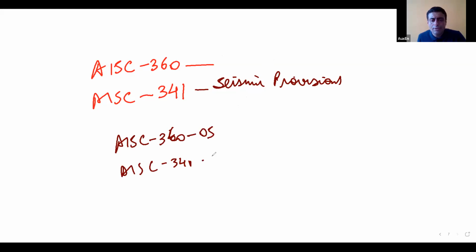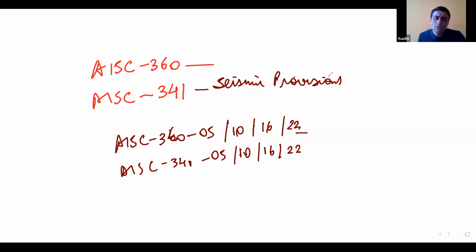As far as I can remember, it was revised in 05, then in 10, after 10 in 16, and just last year a 22 revision was also launched, AISC 360-22. So 360 deals with general steel structures, just like IS 800, and 341 deals with the seismic provisions for steel structures.